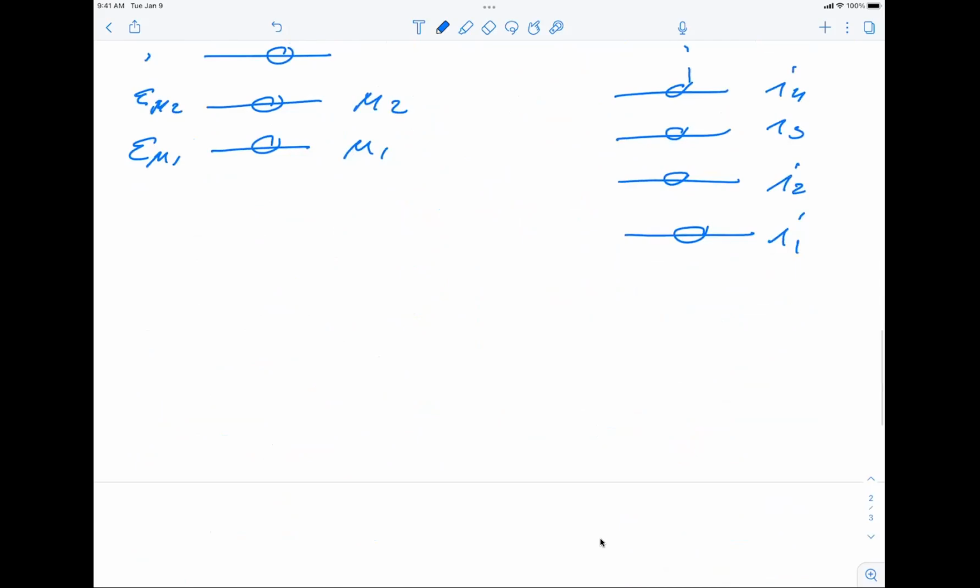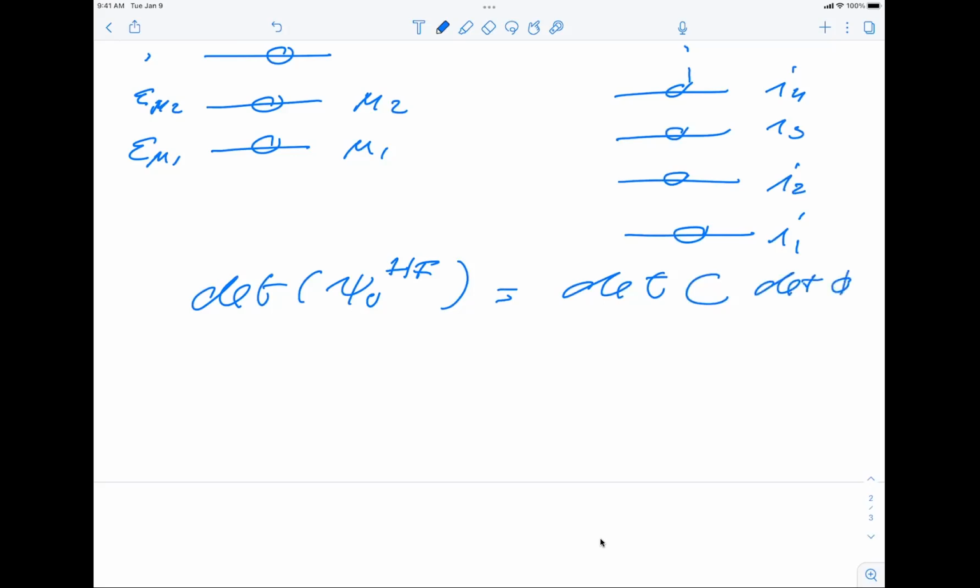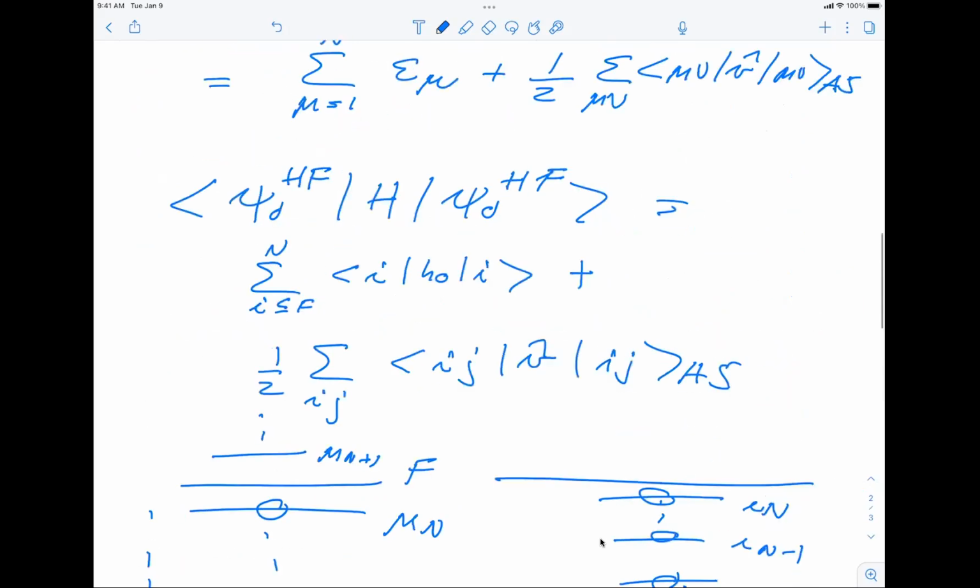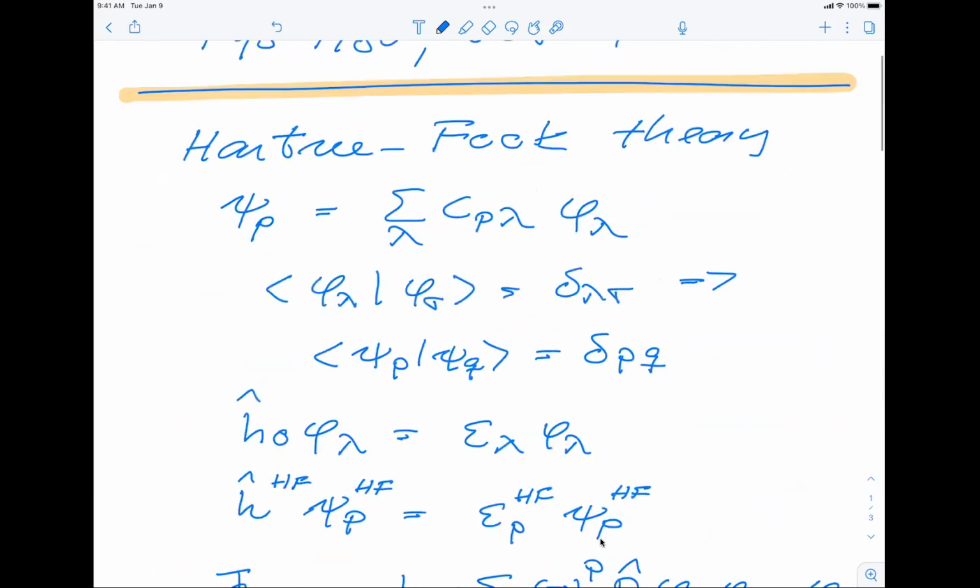And also the new determinant, this det psi 0, Hartree-Fock, is something which we can rewrite as the determinant over a unitary transformation multiplied with the determinant from the previous answers. Okay, so what we are going to do now is to go back to the basis expansion which we did.